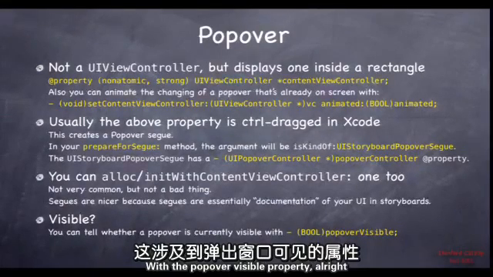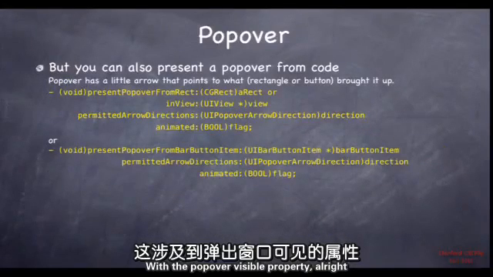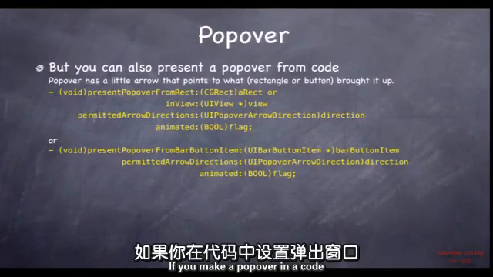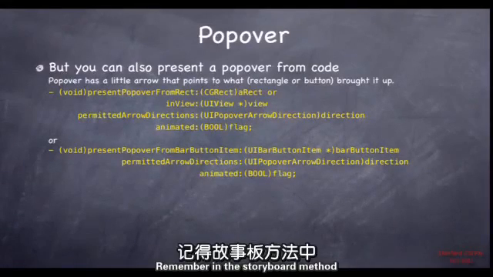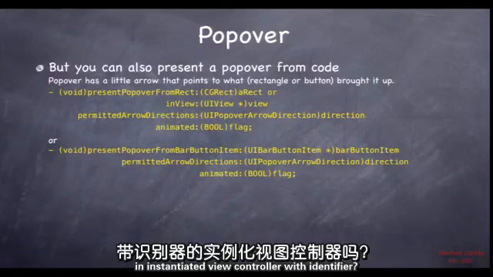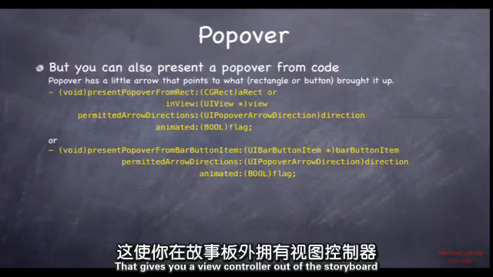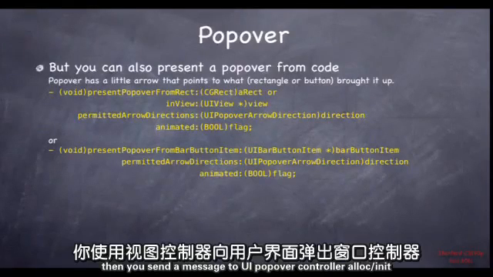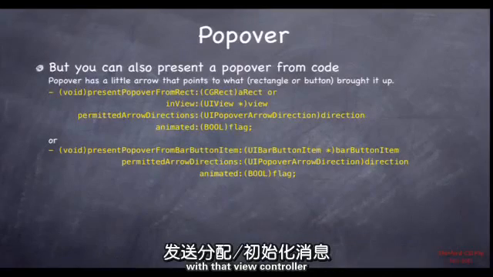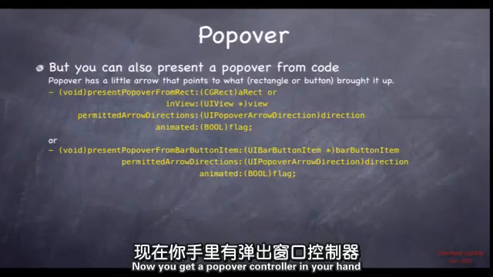Right, with the popover visible property. If you make a popover in code, or if you use a storyboard, remember the storyboard method instantiate view controller with identifier gives you a view controller out of a storyboard. So either way, once you get a view controller, you send a message to UI popover controller, alloc init with that view controller. Now you've got a popover controller in your hand.